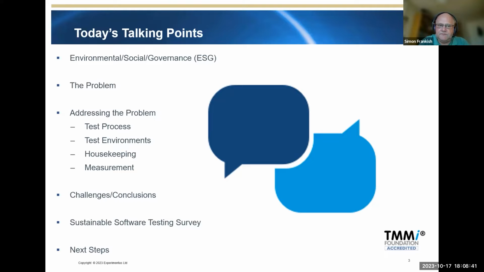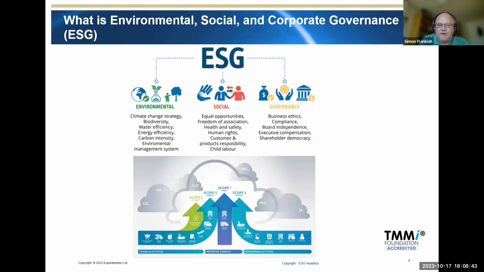So we'll talk very briefly here about environmental, social and corporate governance. A lot of people talk about this nowadays. This is something which all organisations and corporations are looking at and need to demonstrate that they're doing something in these areas. Obviously, what we're talking about today is a relatively small part of this.